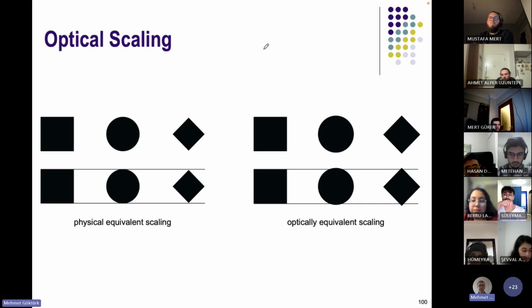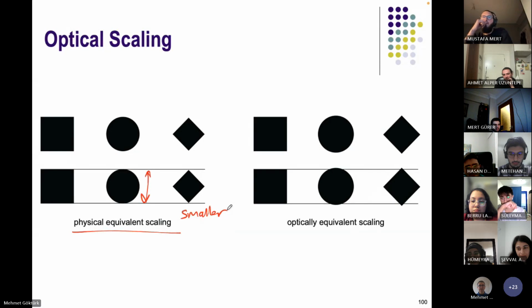When you are designing screen elements with equal sizes, all the heights are the same, but this looks smaller. So this screen element is looking smaller.